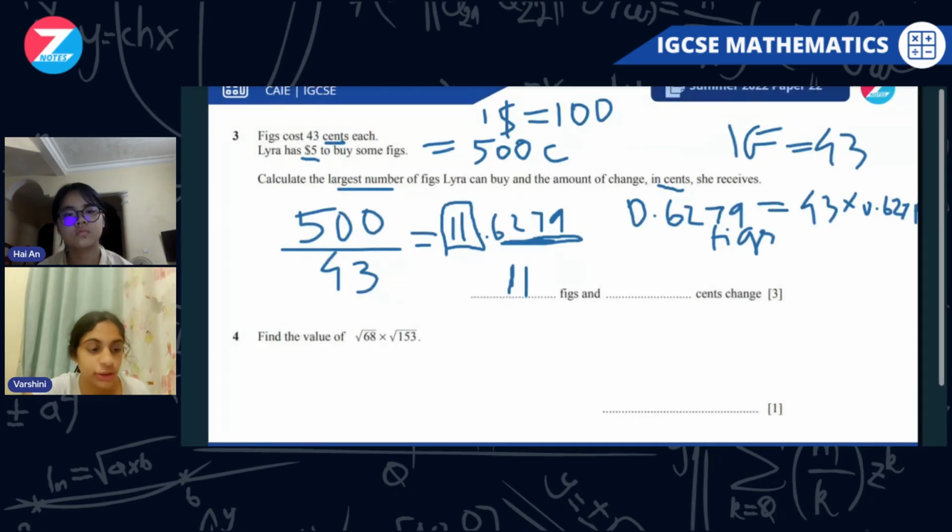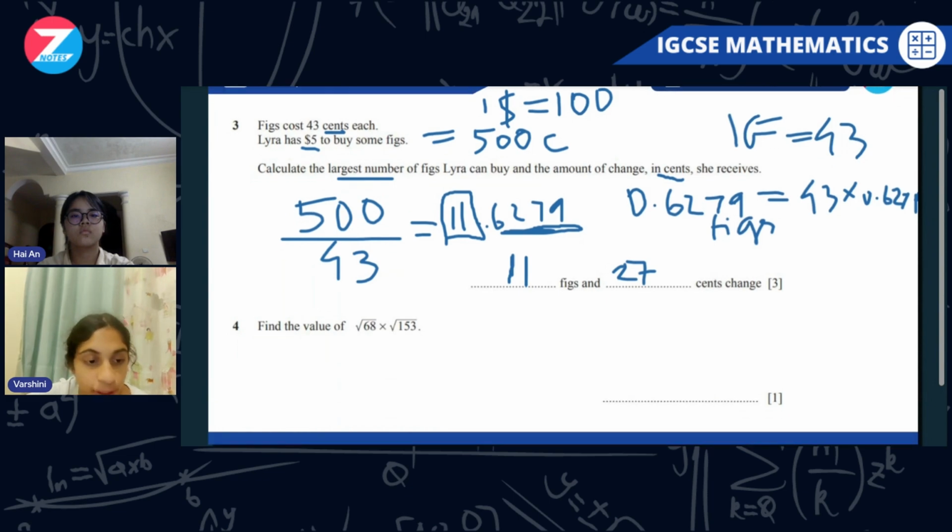And don't forget to take 11.6279, your large answer, and subtract 11 from that because we want the leftovers. That's not part of the whole number. And then multiply that into 43. And you should get 27 exactly. So 27 is the change she has left over.